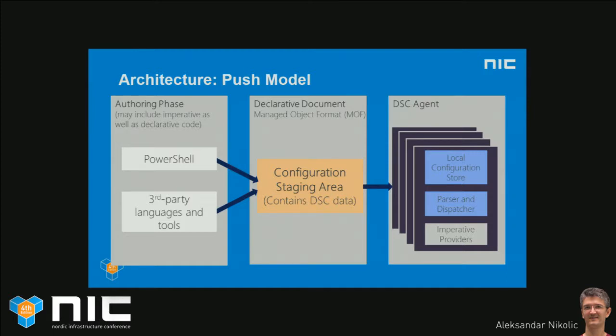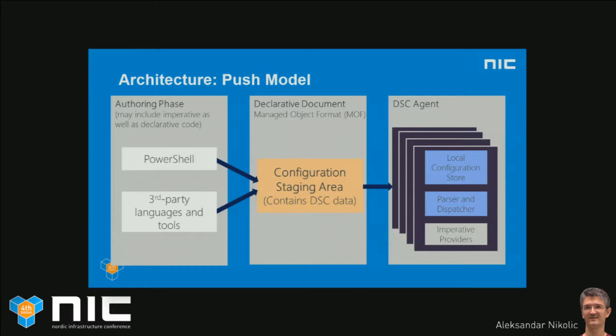In the authoring phase, we can use PowerShell to create a document file, or we can use third-party languages and tools. It depends really on vendors if they will create those. I mean, you don't need to use PowerShell at the end to create the declarative document, the MOF file, which is also a standard managed object format file. It's not created by Microsoft, it's an industry standard.